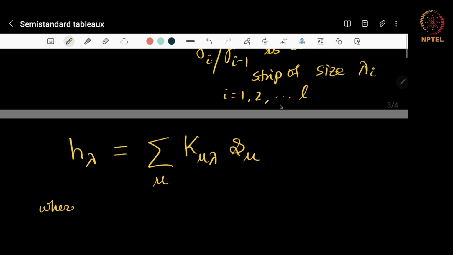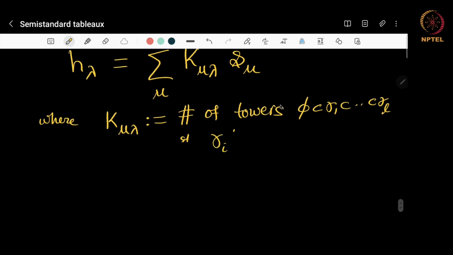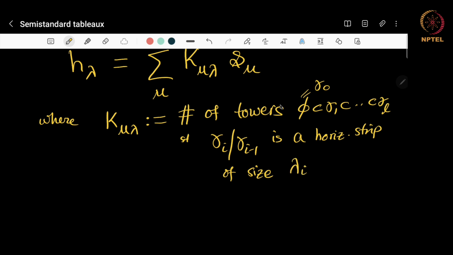What is this number k mu lambda? K mu lambda by definition is the number of towers of the kind that we just talked about, empty, gamma 1, gamma 2, up to gamma L, such that gamma I by gamma I minus 1, where this guy is gamma 0, is a horizontal strip of size lambda I. The lambda I is the ith part of this lambda here.